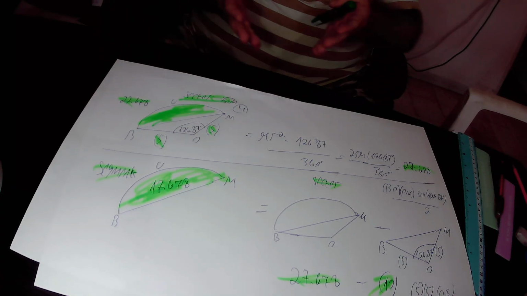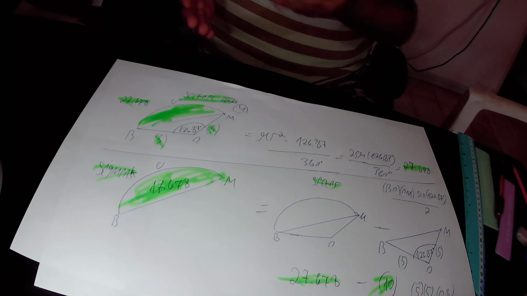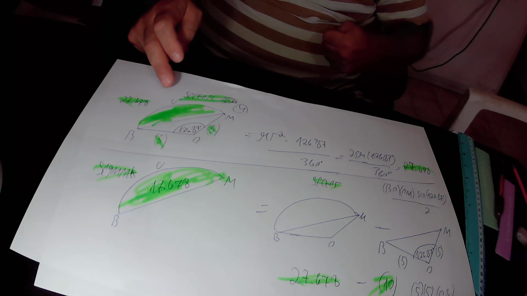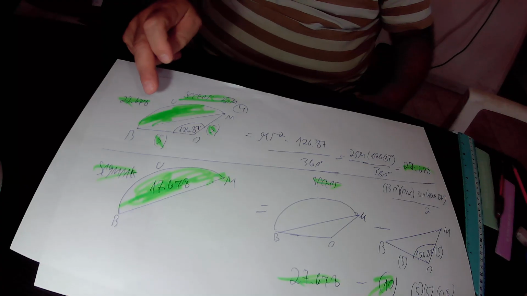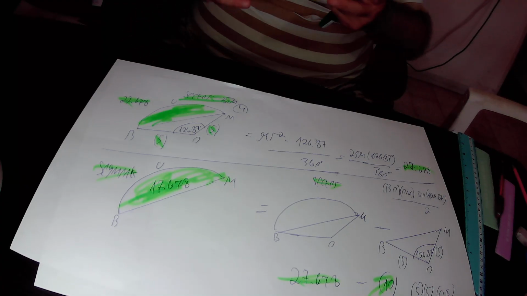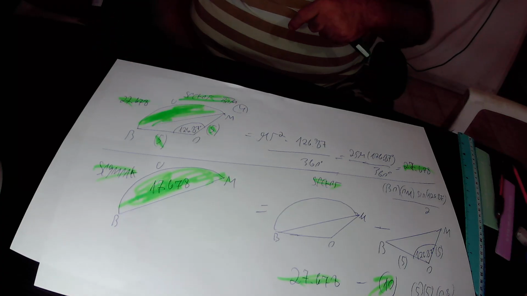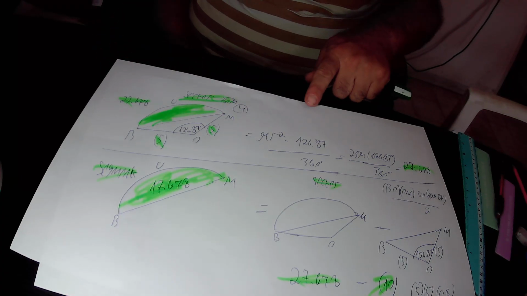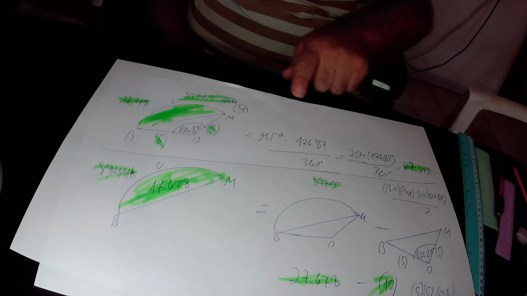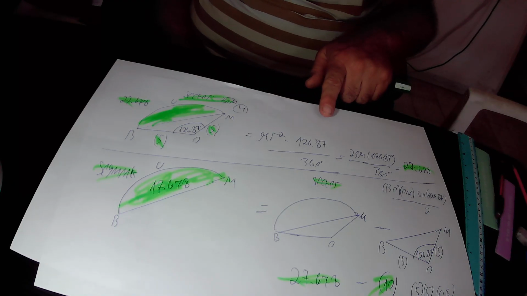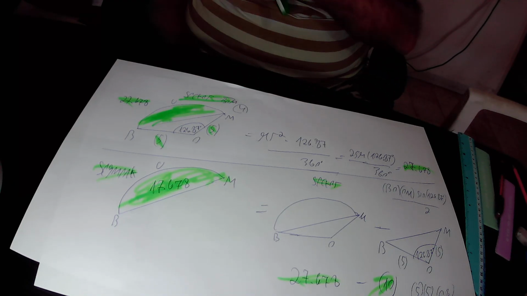According to the formula that I presented to you a couple of minutes ago, the area of the sector OBM will be equal to pi r squared, that is the area of the circle that contains the sector, times the angle between the legs of the sector, that is 126.87 degrees, over 360 degrees.